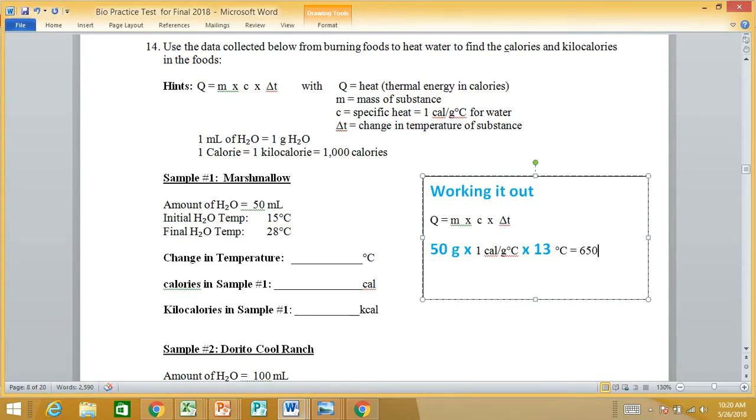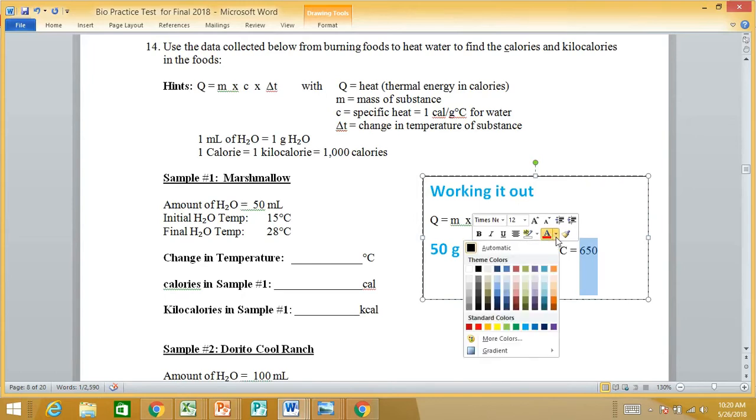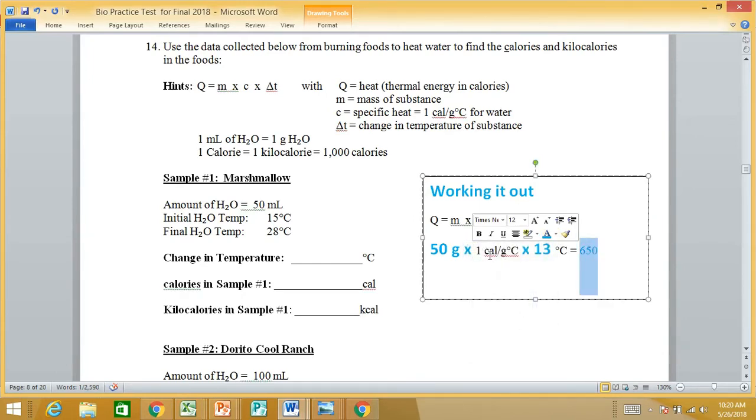So 650, and let's go and put that in there. Get a nice blue color, big and bold. 650.